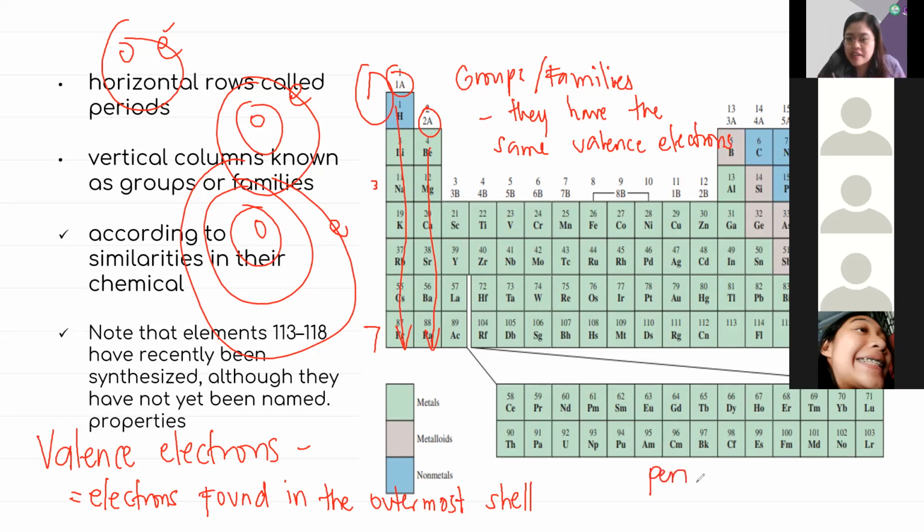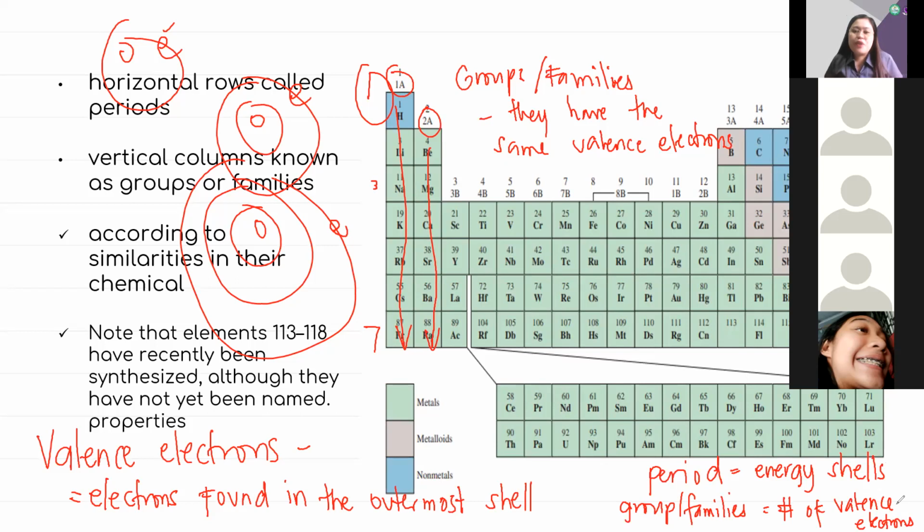So i-summarize nato, period, kung anong period sila na belong sa periodic table, that will dictate how many energy shells yung nasa isang atom. Pero pag ang group or families yung pinidiscuss natin, this represents the number of valence electrons.